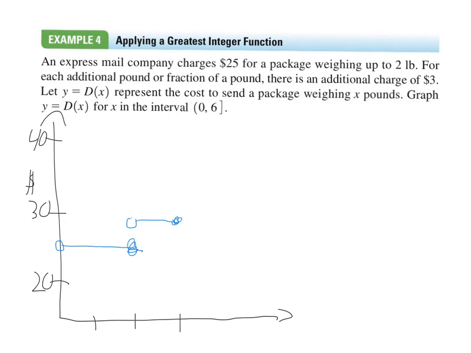If you add another $3 for a package weighing from 3 to 4, that'd be $31. It has to weigh more than 3 pounds, but no more than 4.